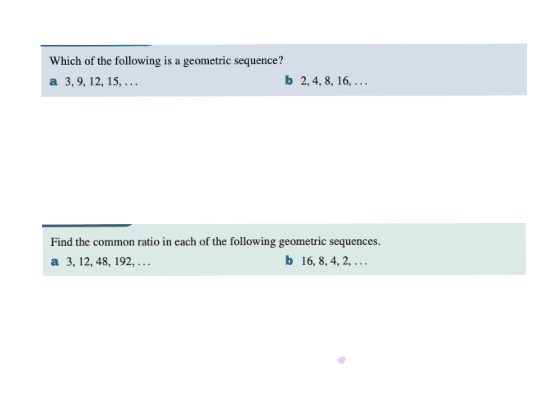Okay, so let's have a look at this. It says, which of the following is a geometric sequence? If it is a geometric sequence, it will have a common ratio, and we know that's the big capital R. So to find R, I take one number and divide by the number before. I do 9 divided by 3, which is 3. Then you've got to test the next one. If I did 12 divided by 9, does that equal 3?